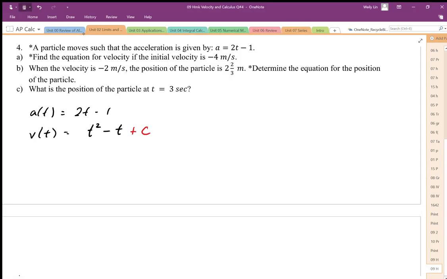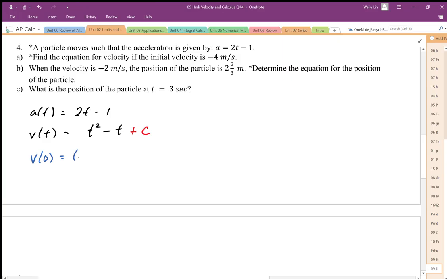In this question, that constant can be found because we've been given the initial velocity of -4 meters per second. Well, that means my velocity function looks like this. V of 0 equals -4 meters per second. And that's calculated using this. What happens if I plug the 0 into that equation?